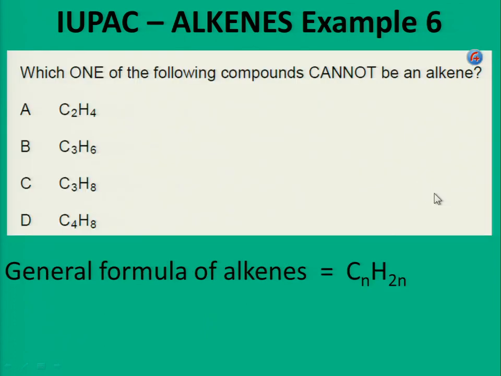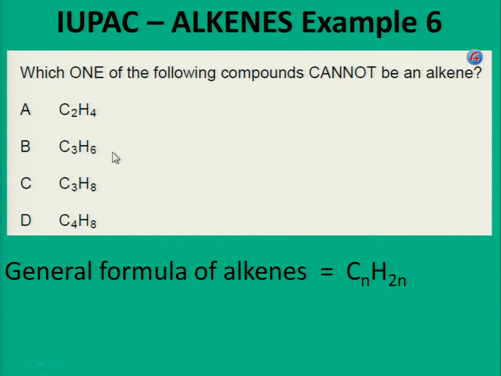Example 6. Which one of the following compounds cannot be an alkene? Here you need to use your general formula for alkenes. So you have to study it. CnH2n. So now A, CnH2n. So A is an alkene. B, C3H6.